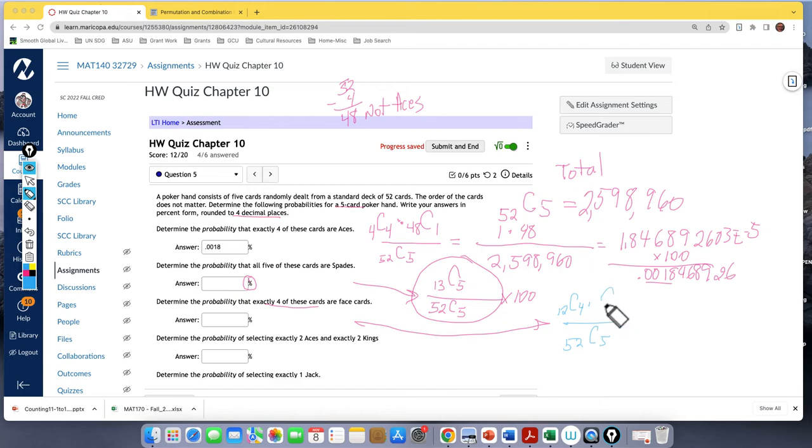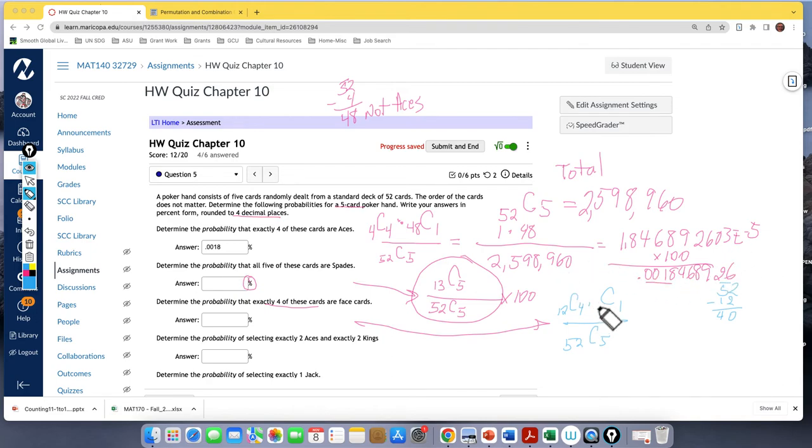And then the other card, the last card, or maybe it's the first card, because order doesn't matter, right? The card that's not a face card is going to get chosen from the ones that are not face cards. So since there are 52 cards, 12 are face cards, there are 40 that are not face cards.